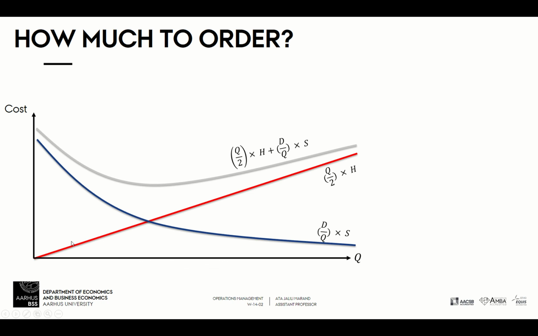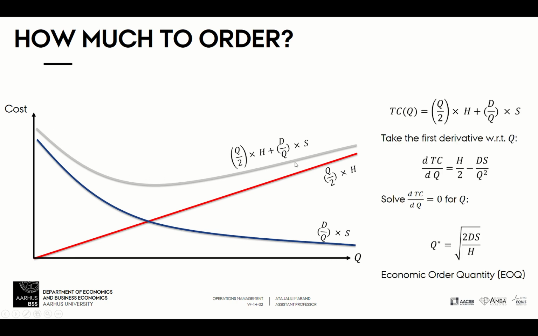We can plot these different cost terms as a function of Q. As you can see, this red line is the inventory holding cost, and then we have this blue curve, which is the ordering cost. And the summation of these costs gives us this gray curve, which is the total cost.